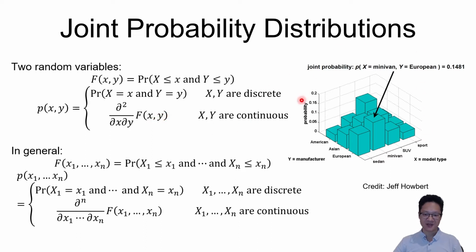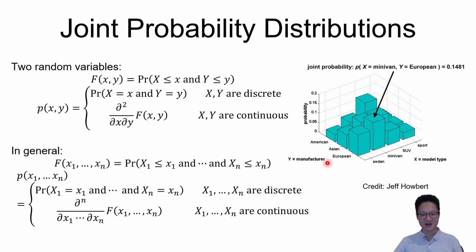On the right figure, we have a running example. So suppose we define two different random variables. X represents the car type, and Y represents the manufacturer. So this is obviously a discrete case, right?